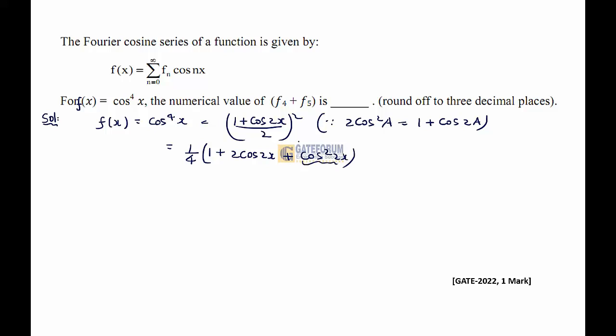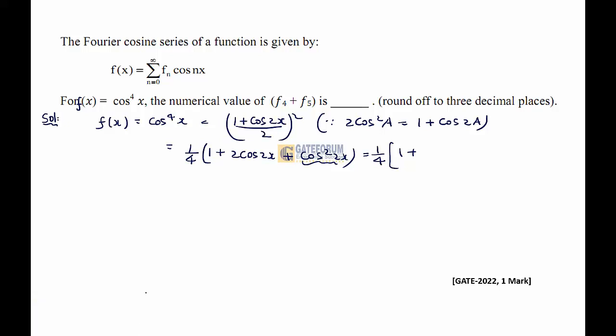This again looks like the above 2 cos square a formula. There is no multiplying by 2, which means after using that formula we have to write the whole thing divided by 2. Multiply all the three terms by 1 by 4.